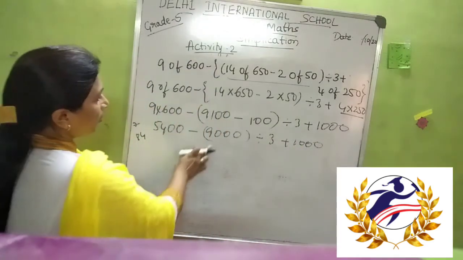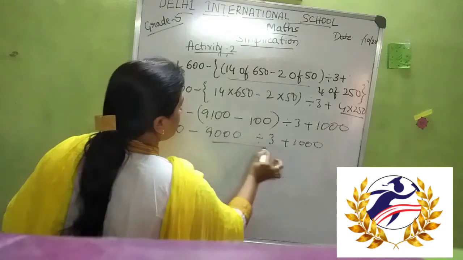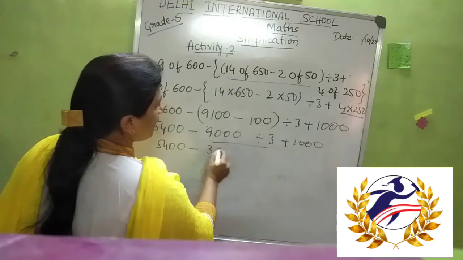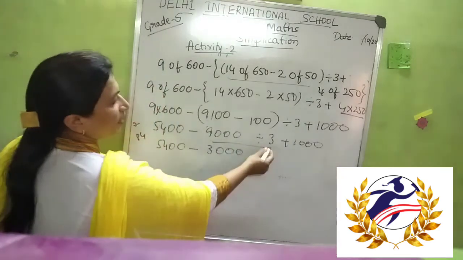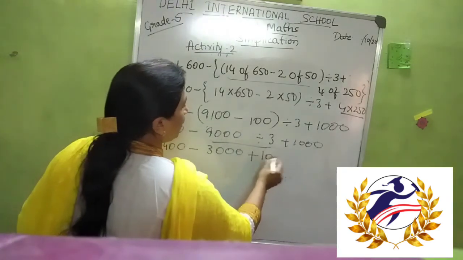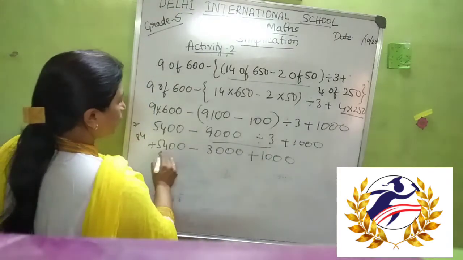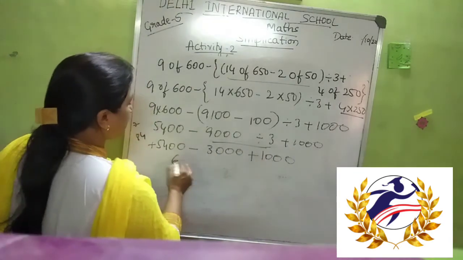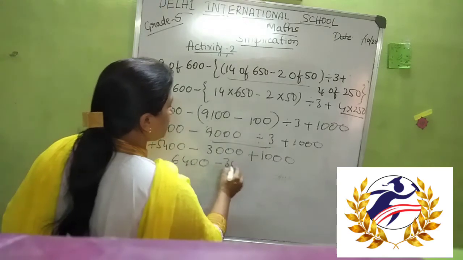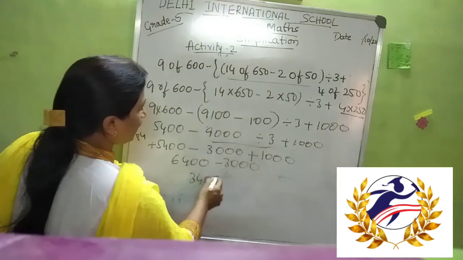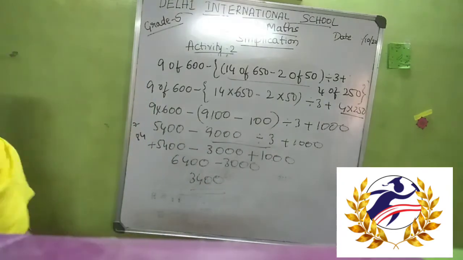So then this division we should do. So this 3 3s are 9. This is 3000 by solving these two. So then 1000. So these two are plus 1. So 5400 plus 1000 is 6400 minus 3000. So when I do subtraction of these two, I will get 3400.